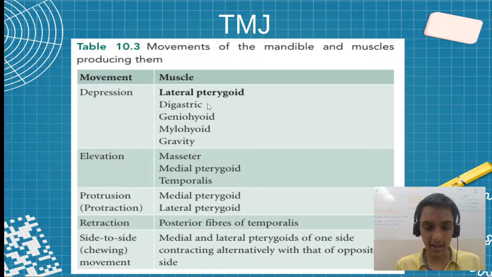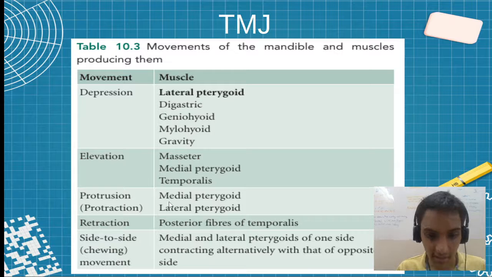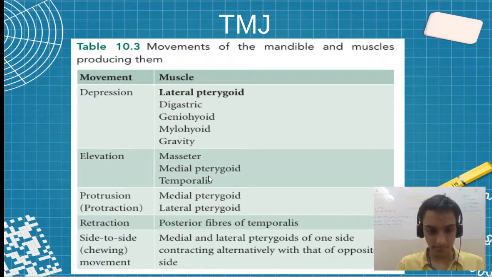Lateral pterygoid, digastric, geniohyoid, mylohyoid. Elevation is done by masseter, medial pterygoid and temporalis. Protrusion is done by the pterygoids, that is the medial and lateral pterygoid. Retraction is by posterior fibers of temporalis and side to side movement by the same pterygoids only.